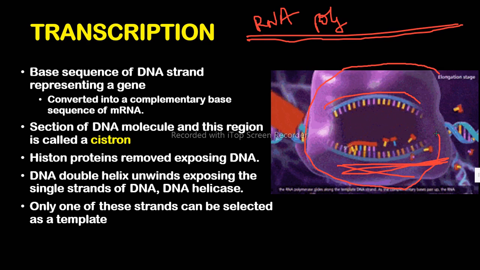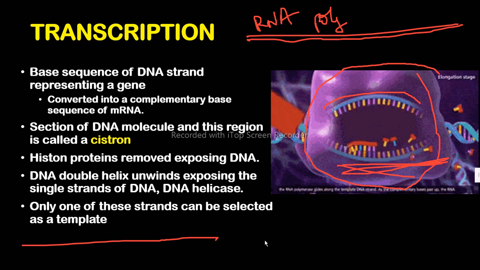It is RNA polymerase. So it is the one which will come and bind to that specific segment that represents a gene and then starts adding the free nucleotides in a complementary manner to form one single strand of mRNA.